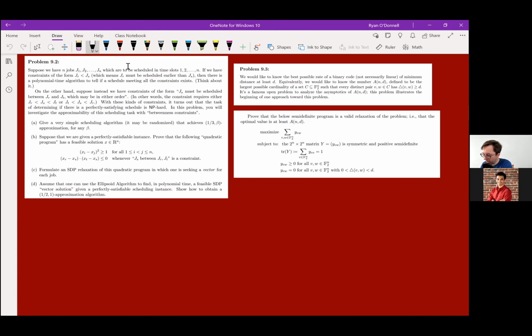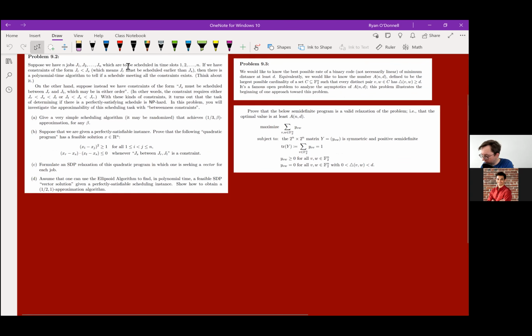So xi is Ji and xj is Jj, because xi minus xj has to be at least an integral distance apart, so the square must be greater than or equal to 1. That one was satisfied by time slots being integral. In the second one, either xr minus xs is negative or xt minus xs is negative, and the other one is positive when the constraint is satisfied.